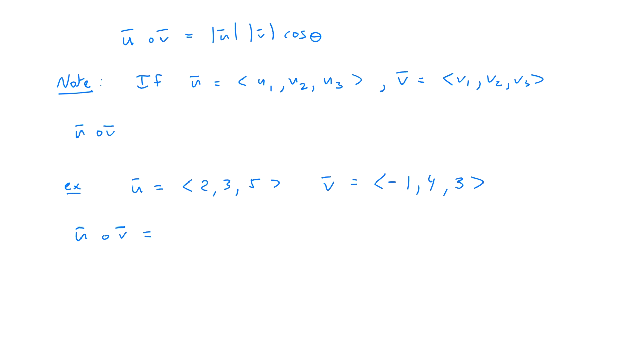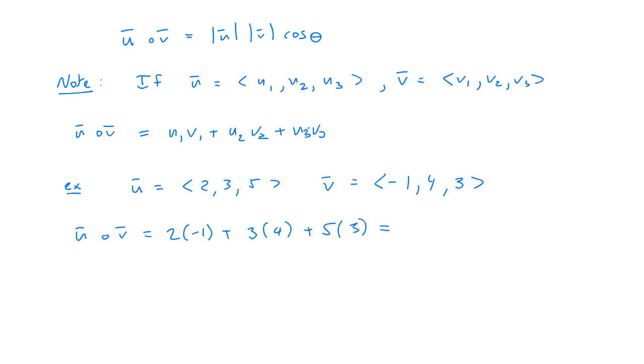So it's just first entry times first entry. So this is equal to first entry times the first entry. It's the second entry times the second entry. And then however many there are. So in this case, it is the 2 times -1 plus the 3 times the 4 plus the 5 times the 3.